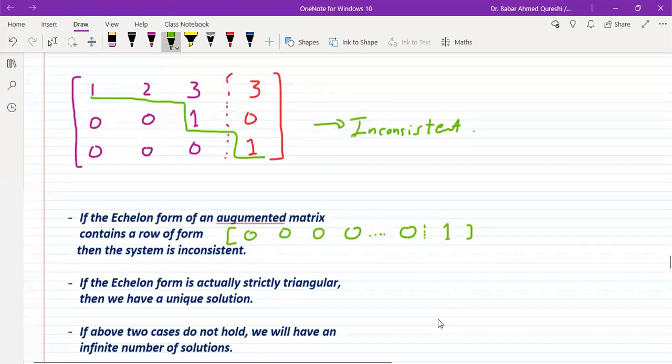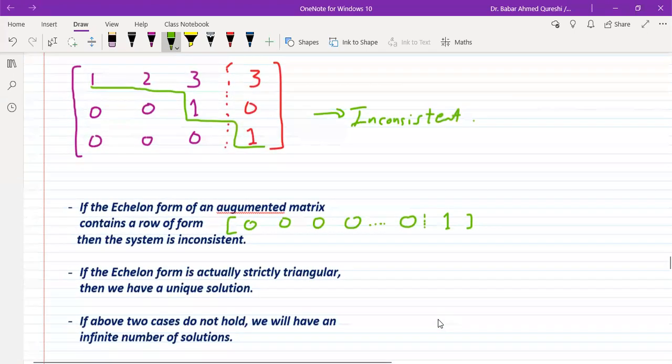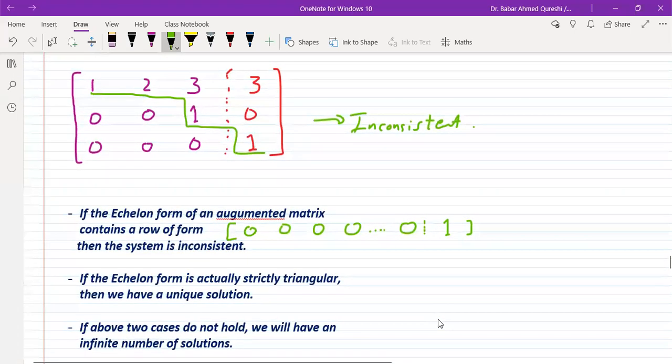Sir, if that red entry at the bottom wasn't 1, if it was 2, it would still be echelon form, right? Even then it's inconsistent. If it was 0 here, then it would be fine. Well, yes. If it was 2, would it still be echelon form? It's not echelon form because of that overkill I talked about. But you can make it echelon by dividing by 2. That applies to the variable side too, not just the coefficients.